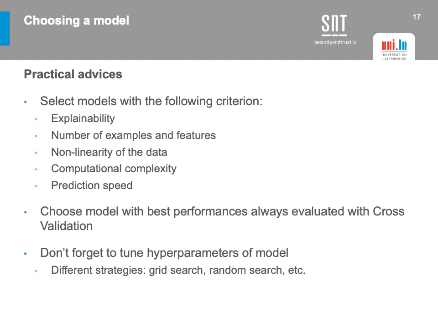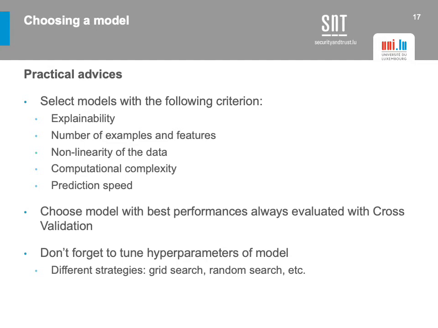So you have different strategies to tune them. You can have grid search, so you put some kind of grid. If you have two hyperparameters to tune, you can see it as a grid, and you put each value, for example, to each unit. So you can search, for example, all the combinations.